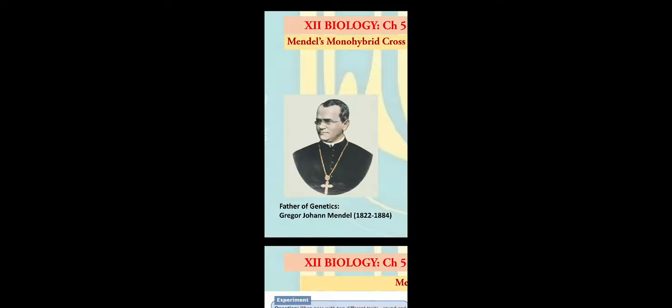On the basis of those results he gave some principles or laws, and those laws are also called Mendel's laws of inheritance. So first, before studying the monohybrid cross and its results, let us review the technique of cross hybridization or technique of genetic cross which he had followed.